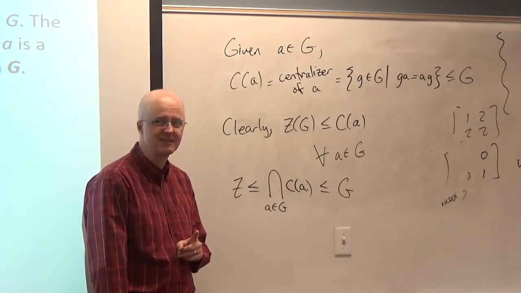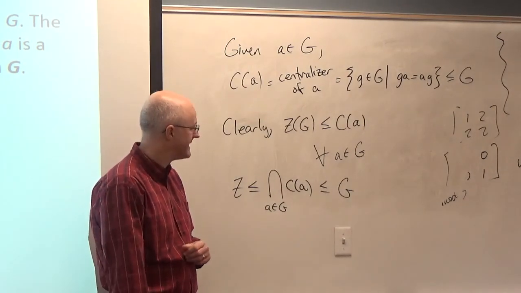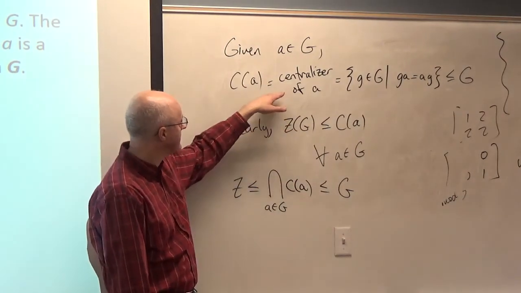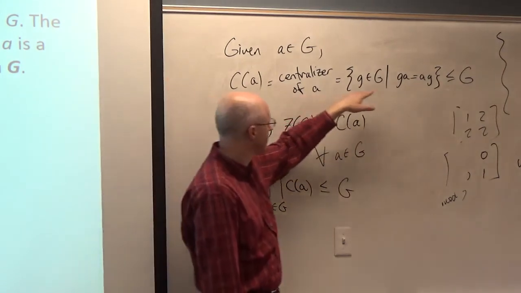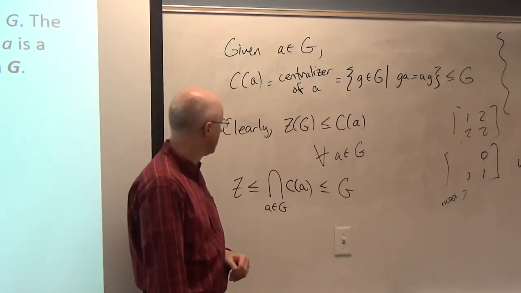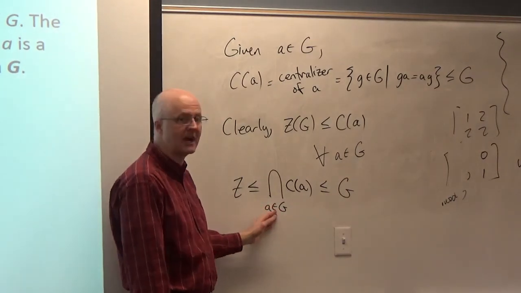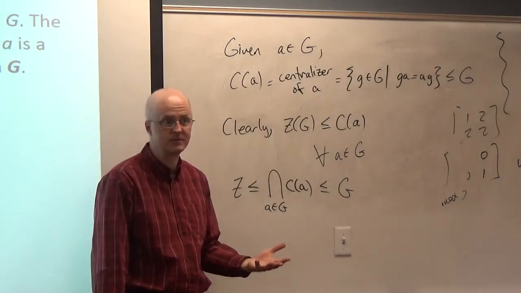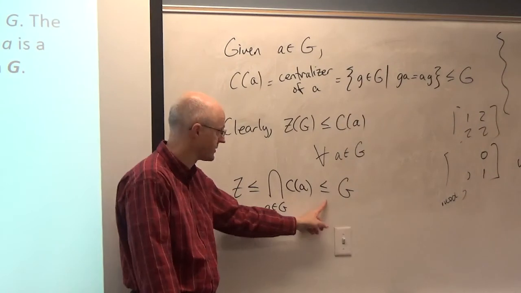Say it again. Listen carefully. It does turn out to be true, again, that the centralizer of any element is a subgroup of the given group. It also turns out that an intersection of any collection of subgroups is also a subgroup, so this is true.